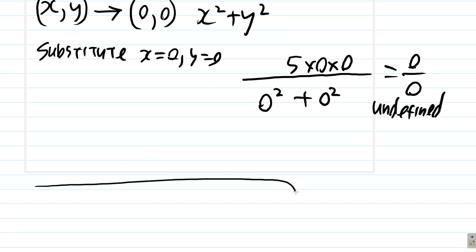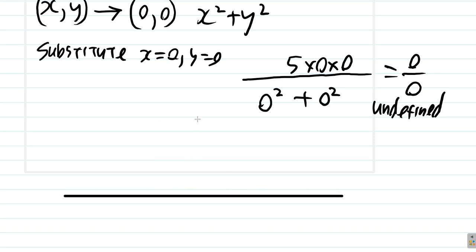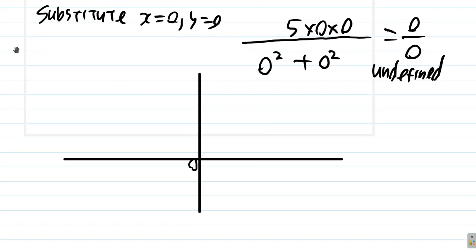So let us consider looking at it graphically. We have our x and y axis. This is the origin, 0, 0. X is 0, y is 0. What we're going to do is look at the situation that we have, and we're going to look at what happens as we move along.